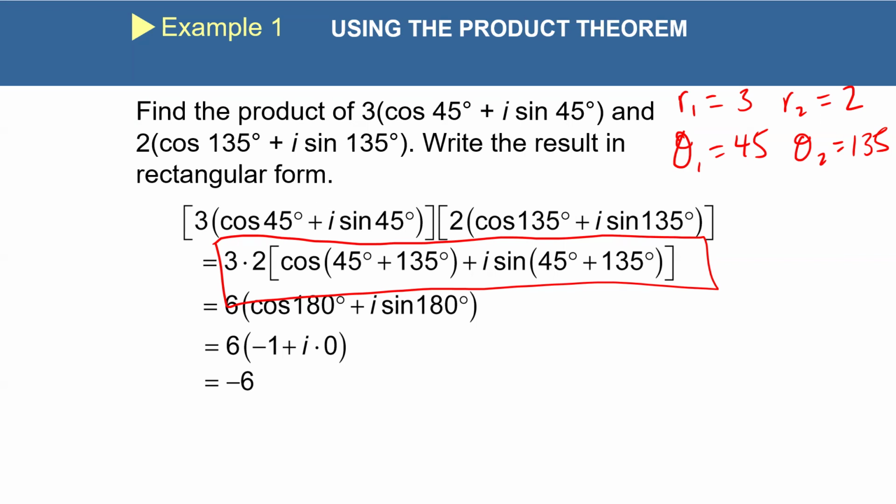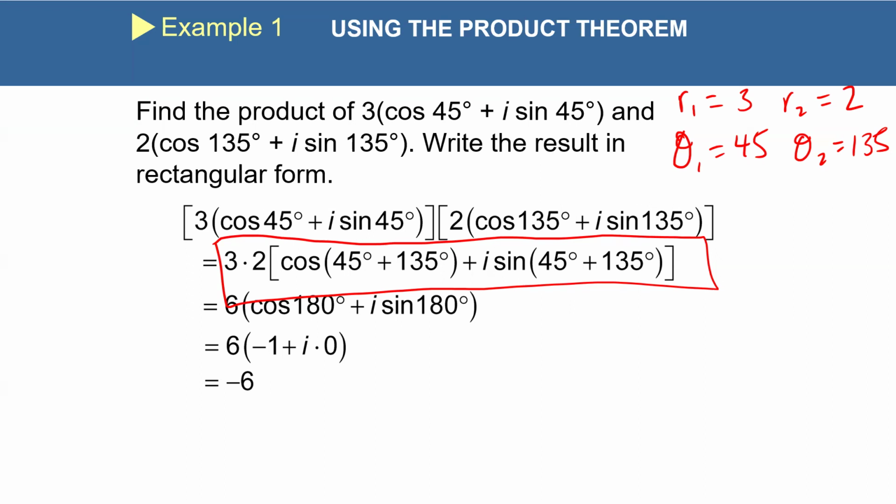Then we simplify, and we got down to 6 cosine of 180, I sine of 180. What's the cosine of 180? -1. What's the sine of 180? 0. We add, we multiply, and we got our final answer of -6. Where'd the I go? I times 0.